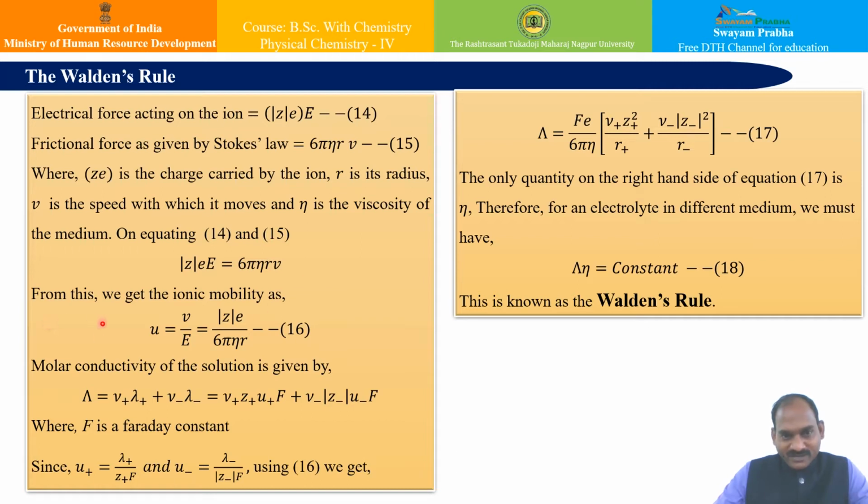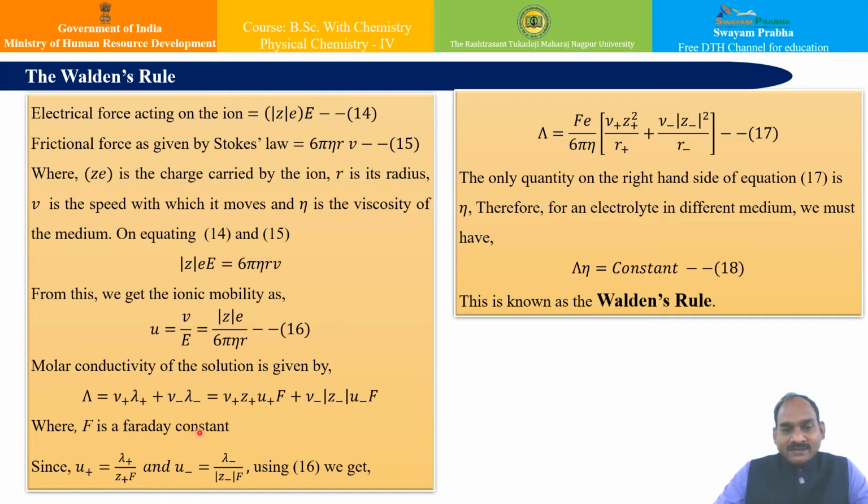Now from this we get the ionic mobility. So ionic mobility has a formula: V upon E. So if I substitute these values, I get this equation number 16. Now molar conductivity of the solution is usually given by lambda. Molar conductivity is equal to nu plus lambda plus plus nu minus lambda minus.